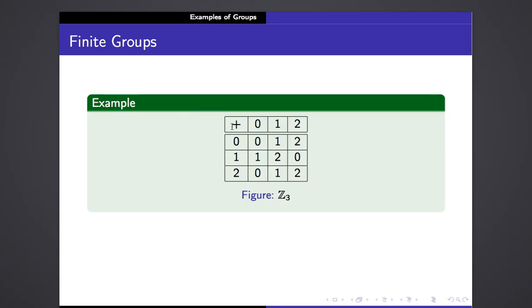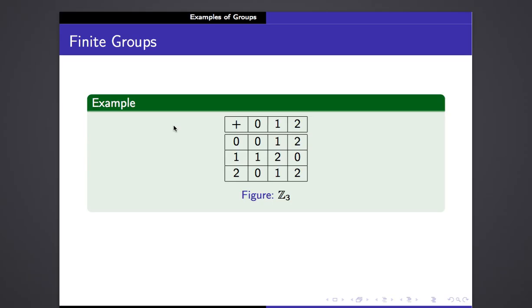So here's another example, Z3. So we are looking at the addition table of Z3. So Z sub 3 is, again, the set of all possible remainders when an integer is divided by 3. So there are only 3 possibilities.